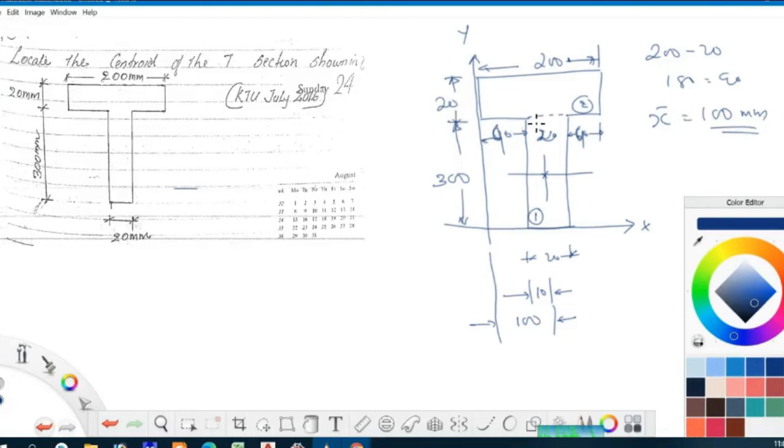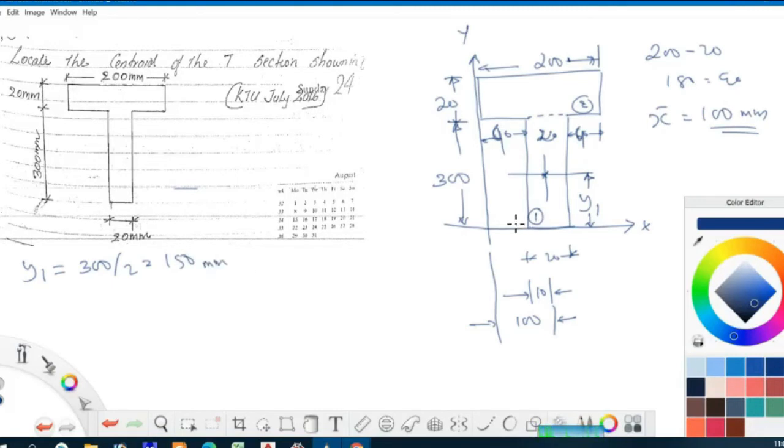Then you cannot easily find y bar from here because it is not symmetric about any centroidal axis. So for y bar, we need to find a1, a2, y1, y2. y1 is the centroidal distance of the first rectangle to x, so y1 is equal to 300 by 2, which is 150 mm.